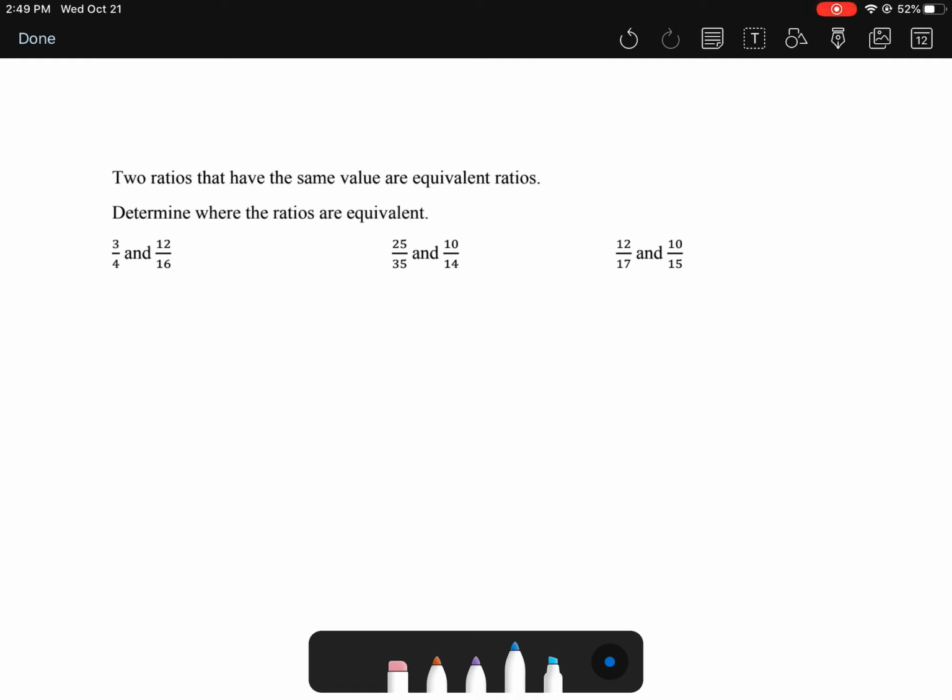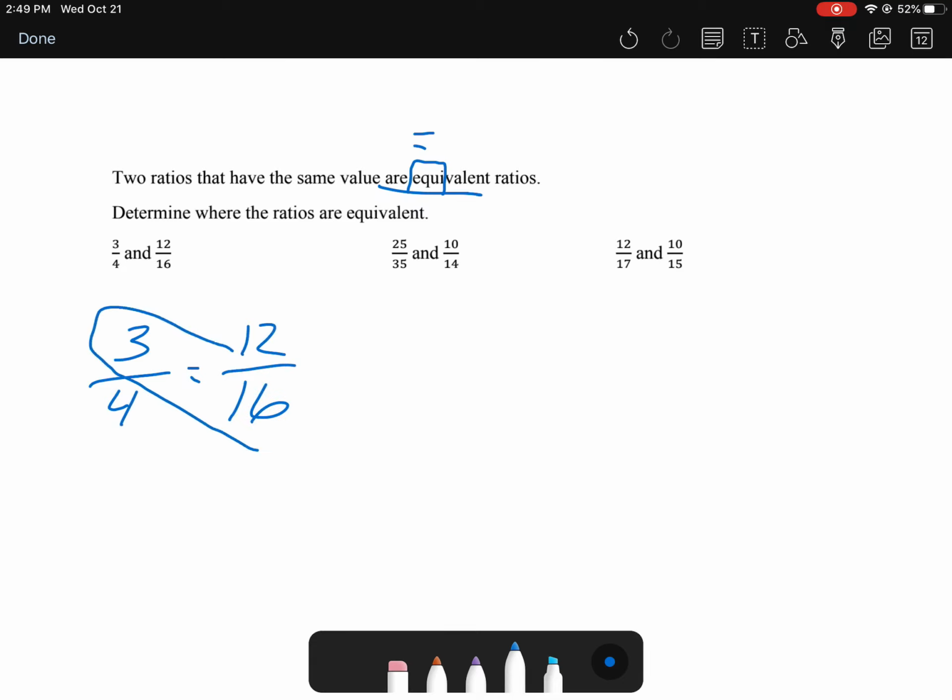Two ratios can have the same value, and they're considered equivalent ratios. Equivalent, the big word, means equal. So we have two equal ratios. We need to determine if the ratios below are equivalent. You may have talked about this last year. If I have 3 over 4, we want to see if that is equal to 12 over 16. What you could do is look at their cross products.